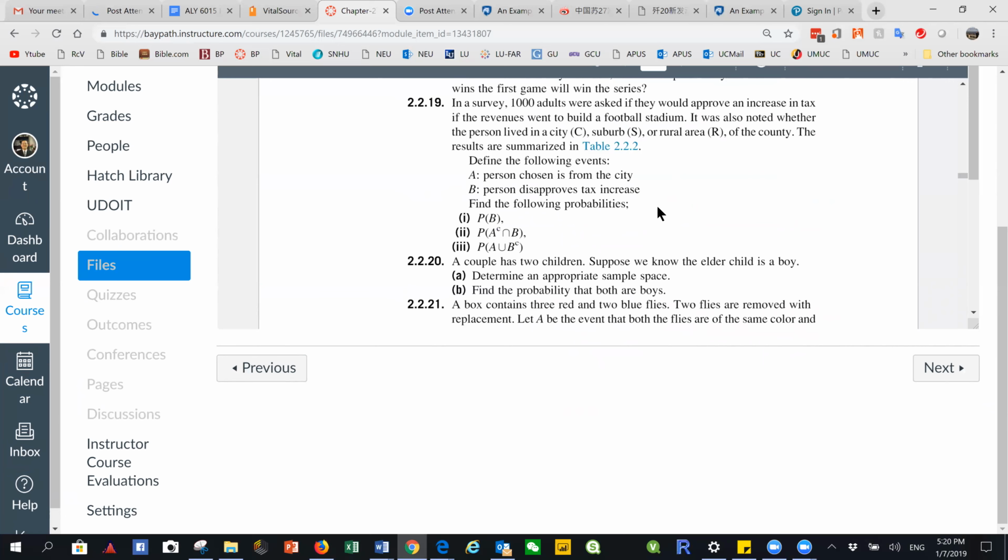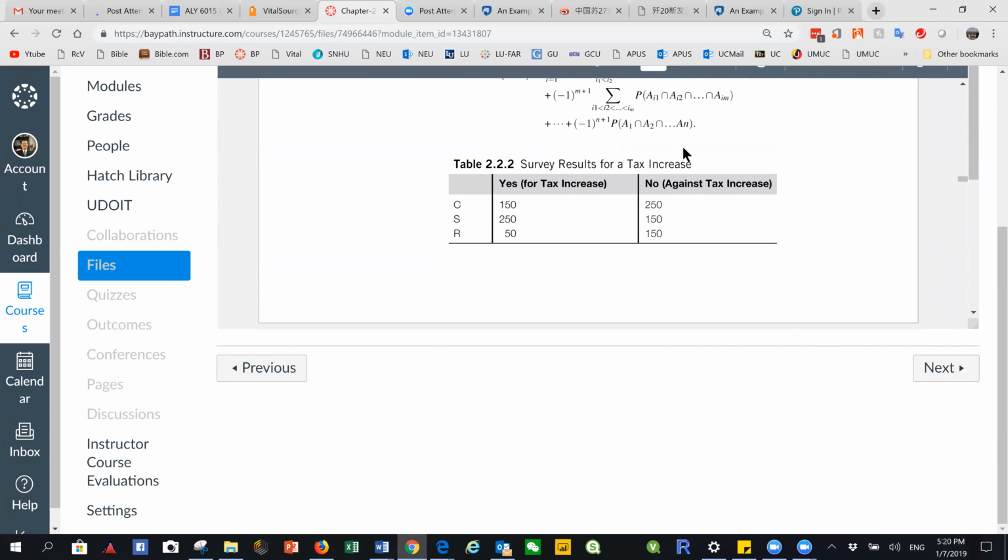Person disapproves, say no. So what you do is you can repeat these numbers in an Excel spreadsheet, and then sum up the numbers, add one more column, and count how many people there are in total.